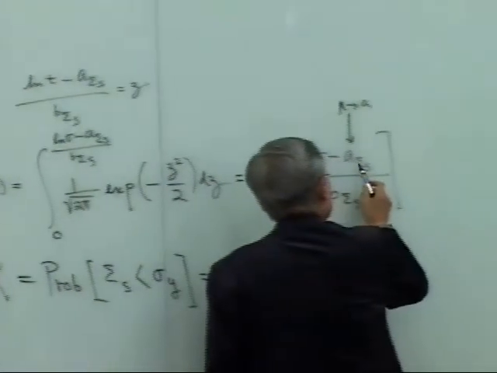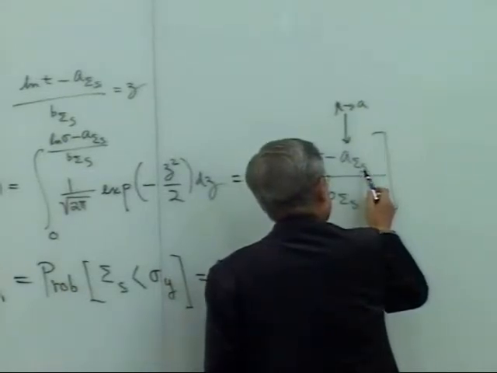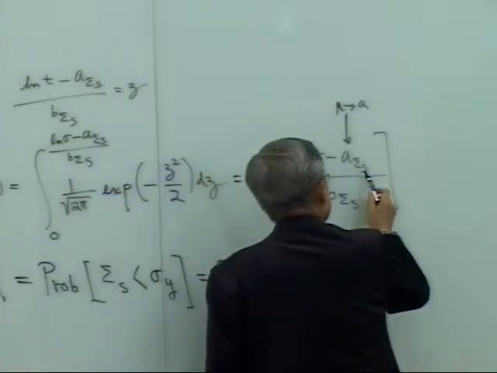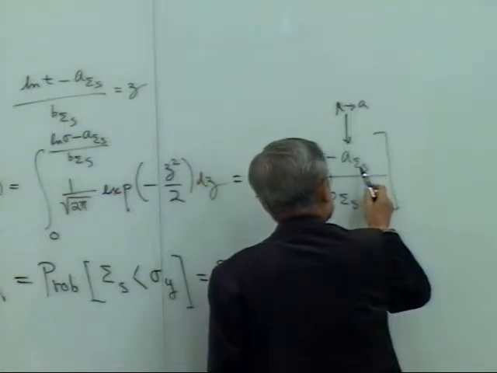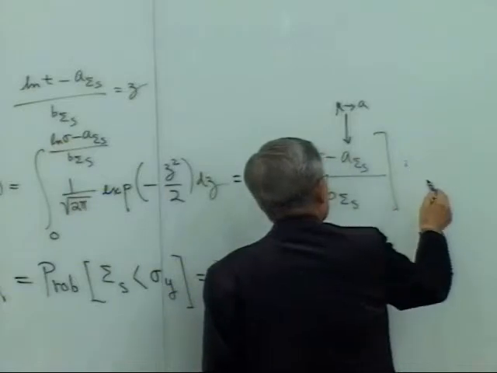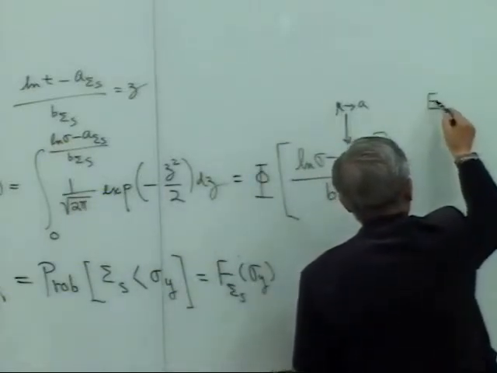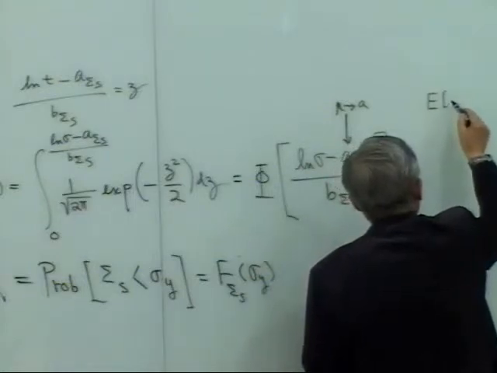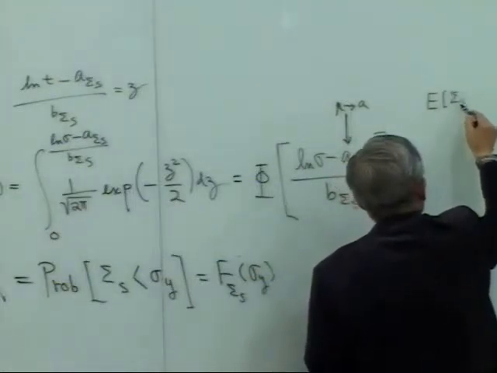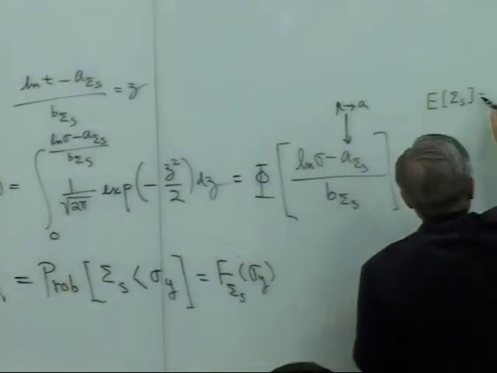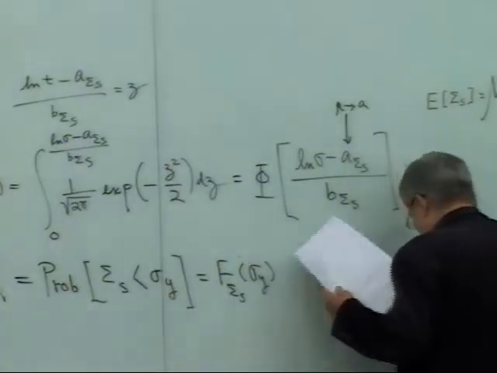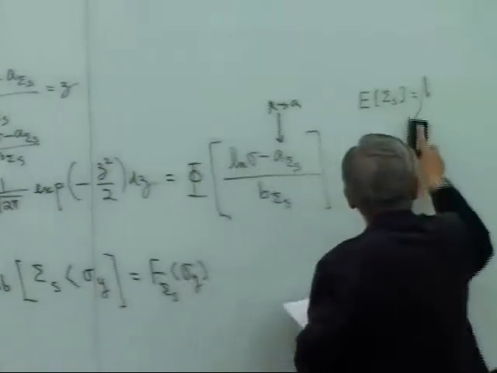So A sigma s is the mean of natural log of sigma s, the random variable. What we are really looking for is the mean of ES, which is equal to the mu.